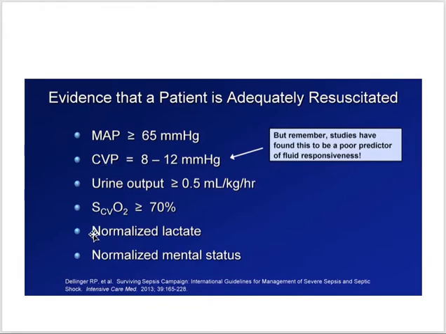we keep on checking in any patient who needs resuscitation. Once we are resuscitating a patient, we keep checking these, and if mean arterial pressure is more than 65, central venous pressure is more than 8 to 10 millimeter of mercury, urine output is more than 0.5 milliliter per kilogram per hour, lactate is normal and mental status is normal, it means they are adequately resuscitated.